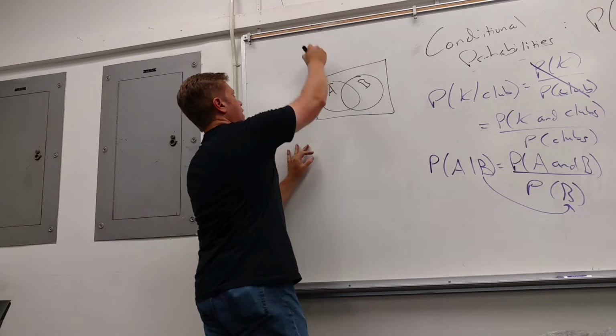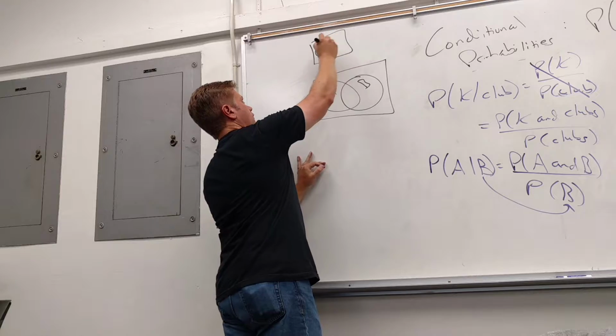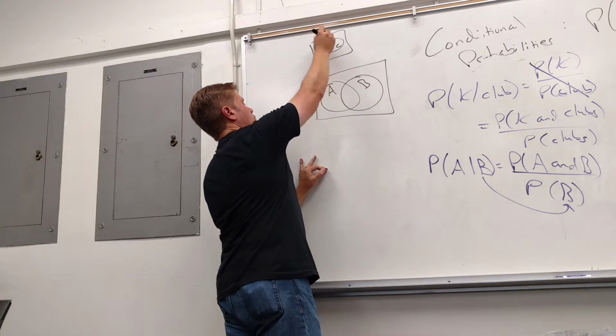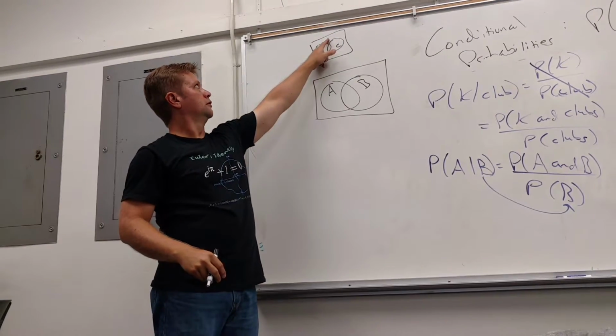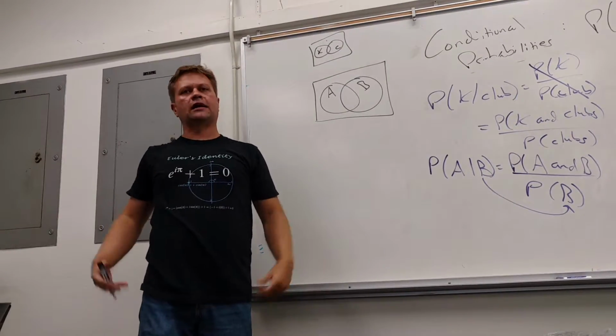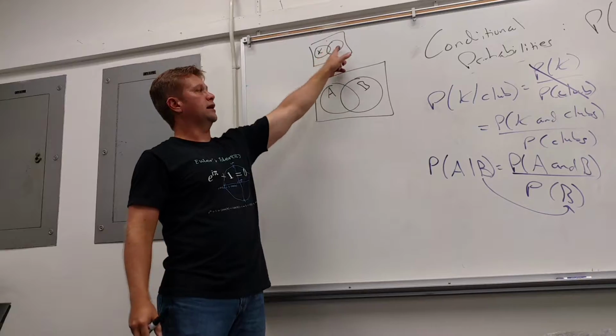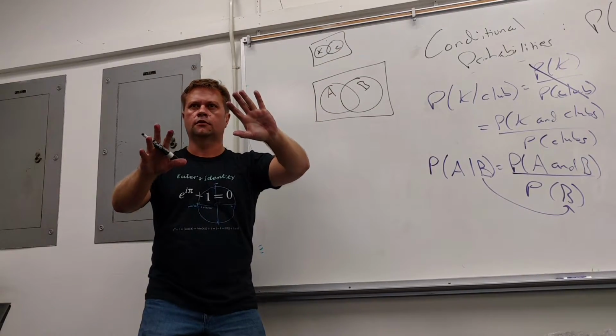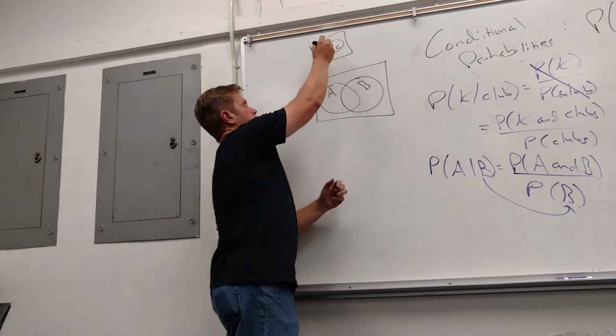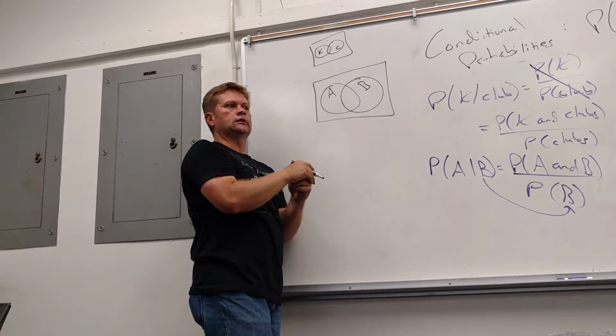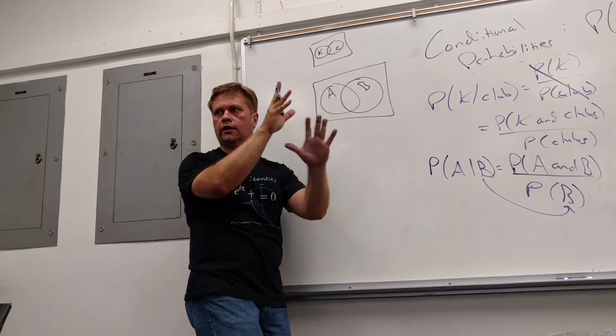If that was kings and this was clubs, what's that? It's not a king, not a club. So it could be like a 7 of hearts. Yeah, because it's not a king and it's not a club. Cool. So what's this? King of clubs. There's only one thing in there.